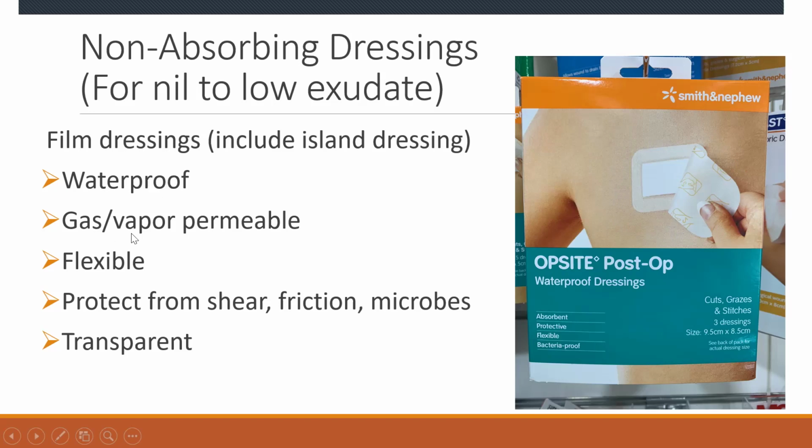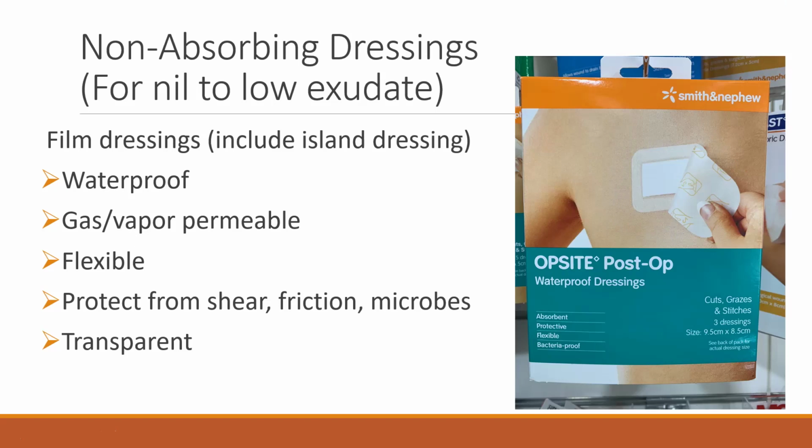And also it is permeable, gas or vapor permeable. This dressing can breathe, so it can keep the moisture inside. But when there's too much moisture, it will let it out. So we call it breathable.